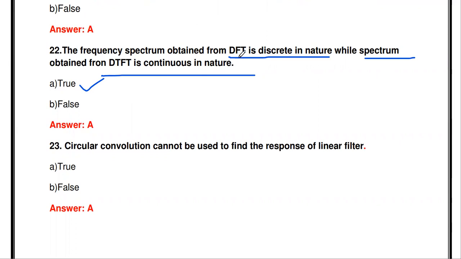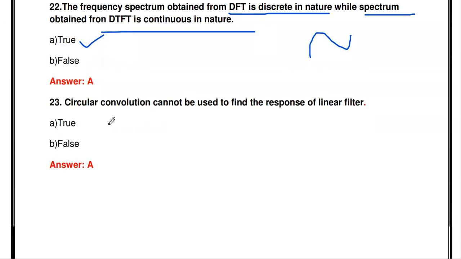But the DFT produces the output X of k, and the DTFT produces the output X of e power j omega. So the frequency spectrum obtained from the DFT is discrete in nature, but the spectrum obtained from the DTFT is continuous in nature. This is true.